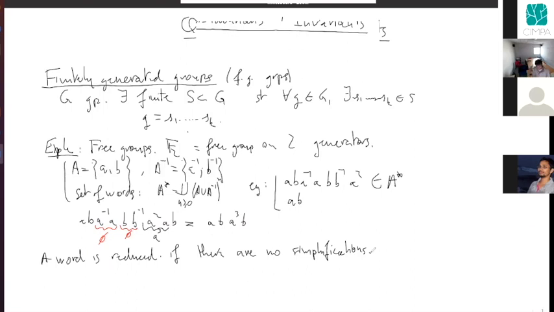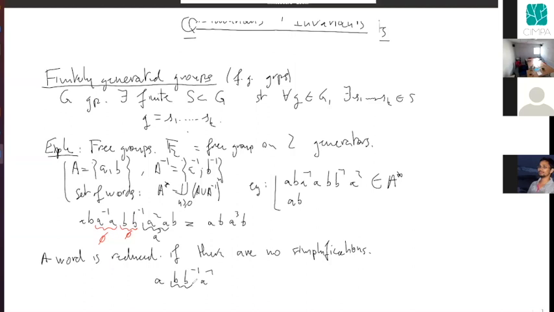And so each time you pick a word or you concatenate two words, you can always simplify, and there is a unique reduced representative, which consists in getting rid of all the letters and their inverses, and then you proceed inductively. For instance, if you have something like A, B inverse, A inverse.